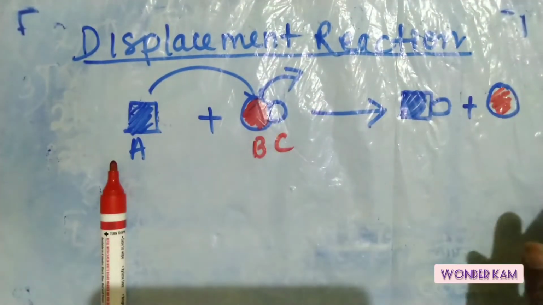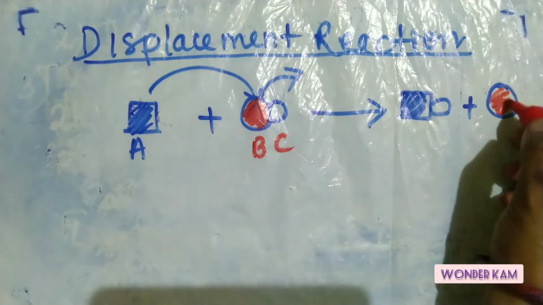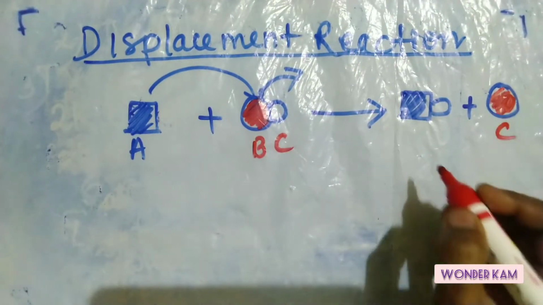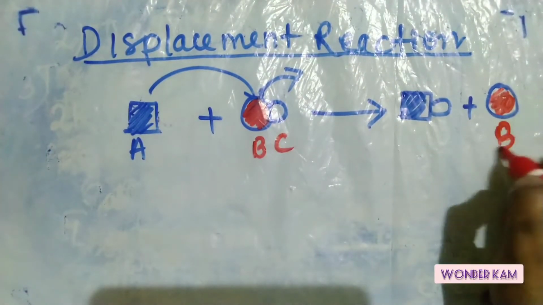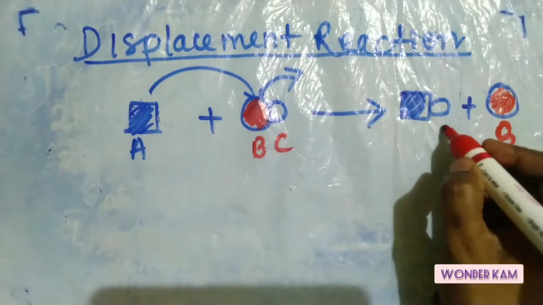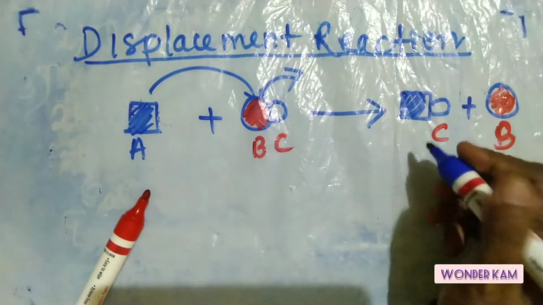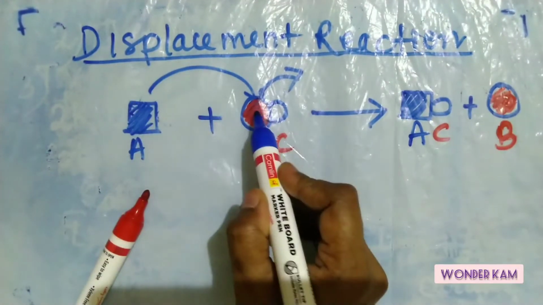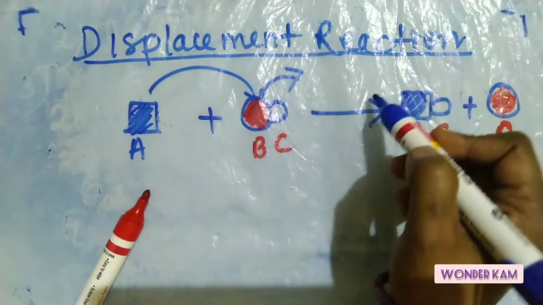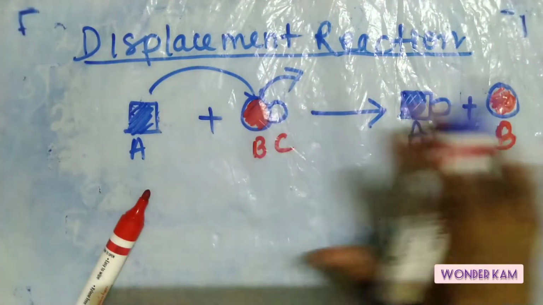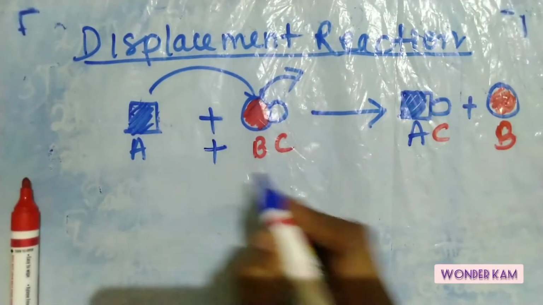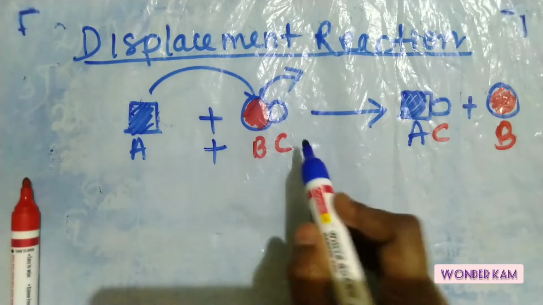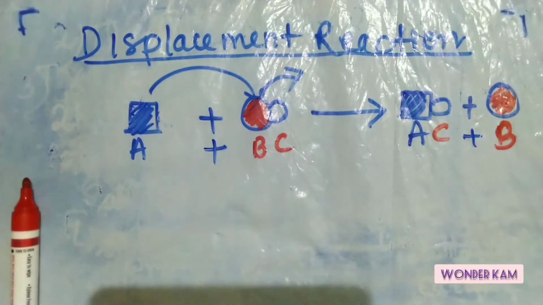It takes that place, replaces it, and removes that one. So A plus BC becomes AC plus B.